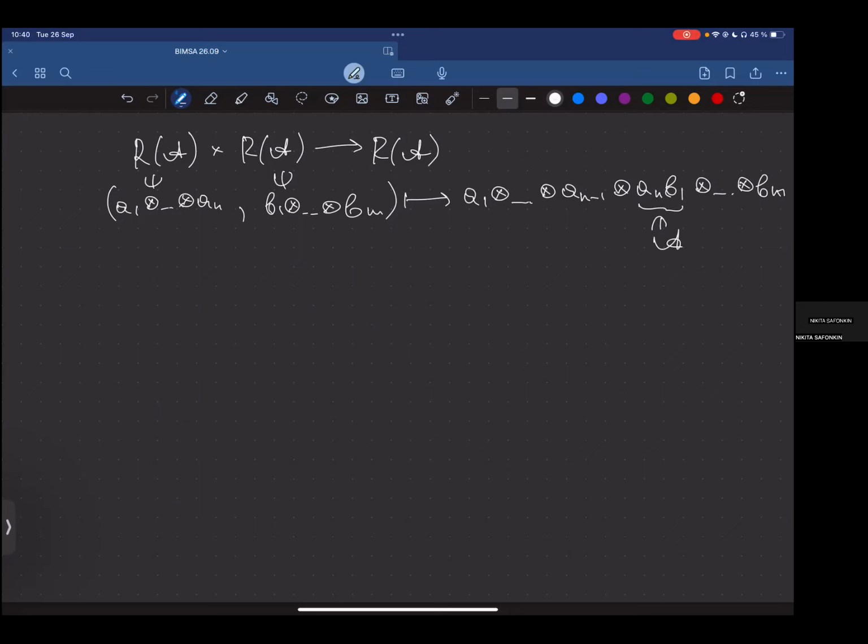I should put here a remark, which in fact states that this R of A is not very exotic. Suppose that the curly A is unital. Then this R of A is isomorphic to a free algebra, which I will denote by this.